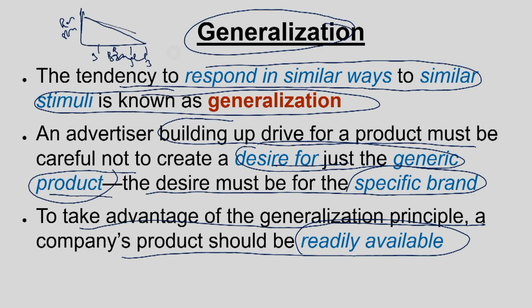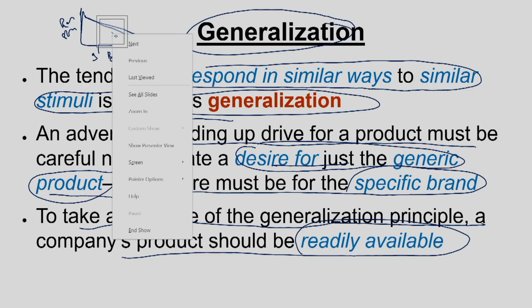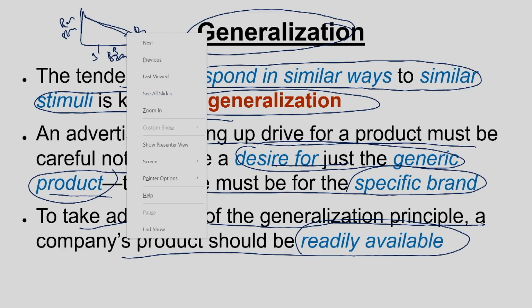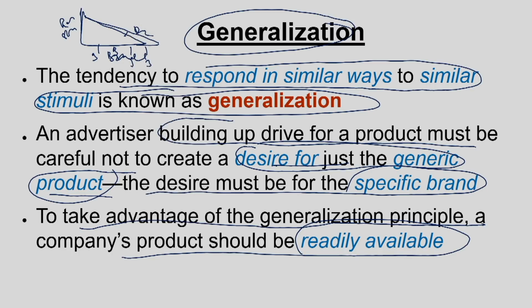This is drive 1, and this is drive 2. The more the drive, the greater the angle of this line, because response strength reflects drive. The higher the drive you have for a particular brand, the higher the generalization that is going to happen, because as the drive increases, the angle increases, and it covers more.